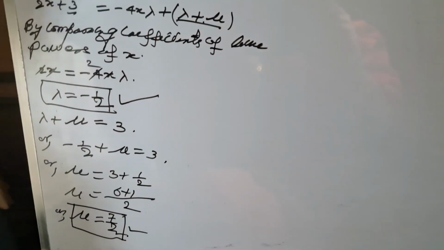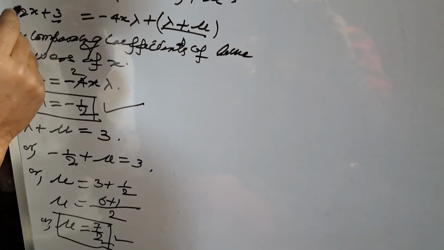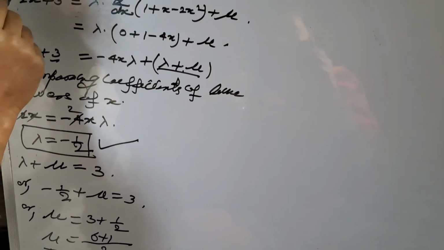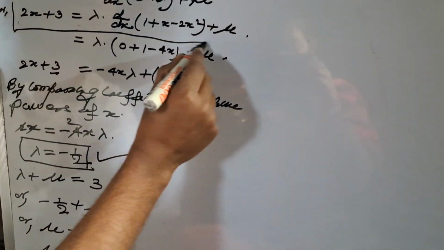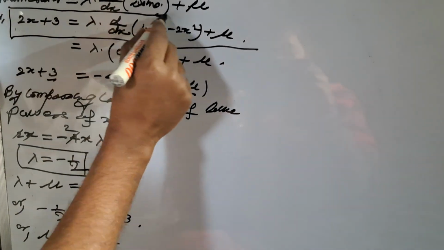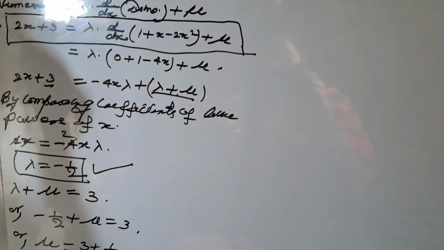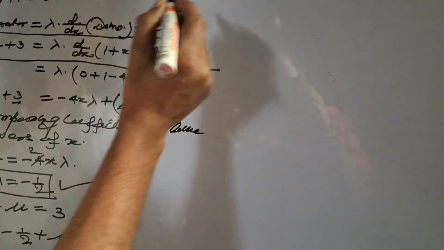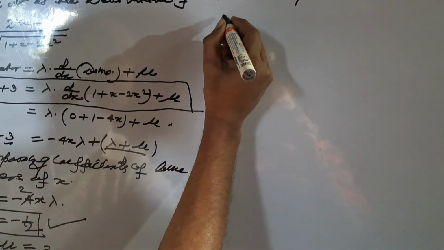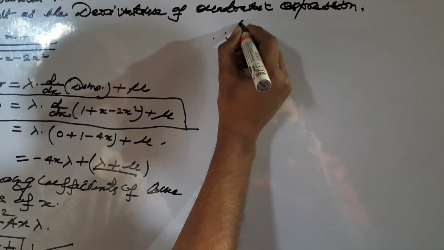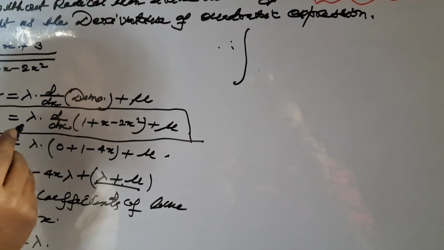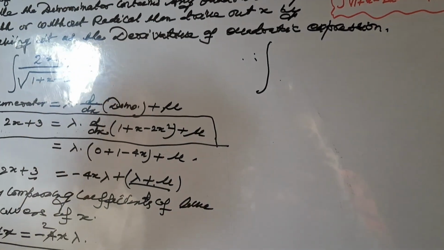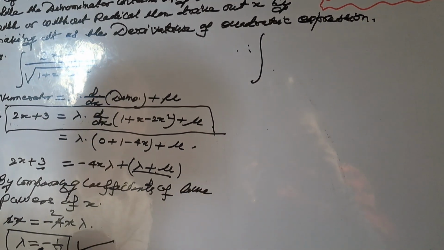Now from there, in the place of numerator, that means 2x plus 3, I will put these values in this expression, and you just see here how it becomes. Then finally, therefore, this becomes the required integral here, the given integral here. Lambda is here minus 1 by 2.